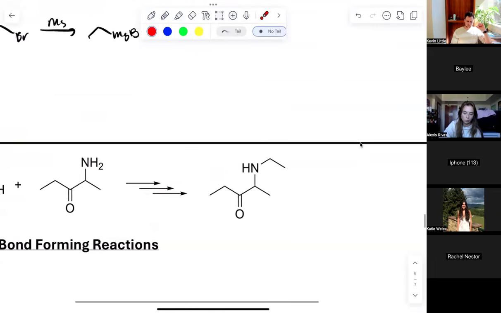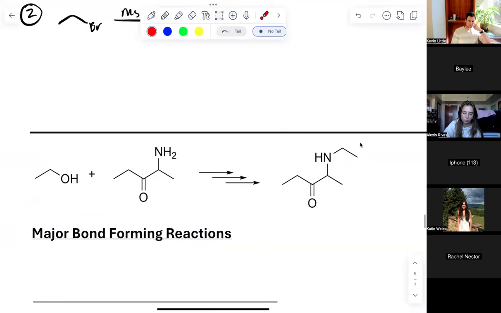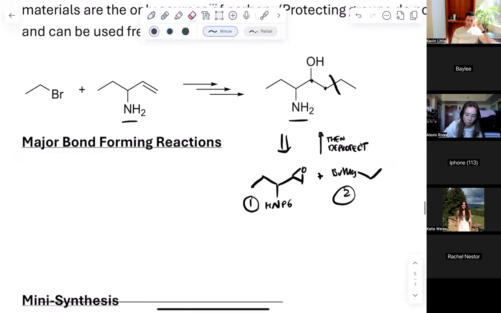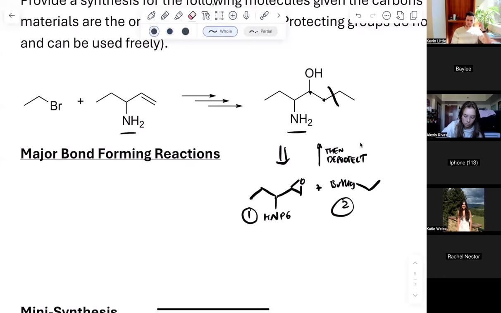For synthesis, is it okay if we end exactly where you ended, or do you want us to show them relating after that too? We ended at showing how we got to the two major products that we need, but we didn't show them actually connecting to make the full product. Do you want us to still do that at the end, or just end where you ended?